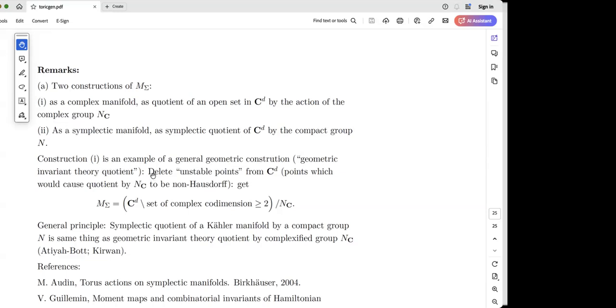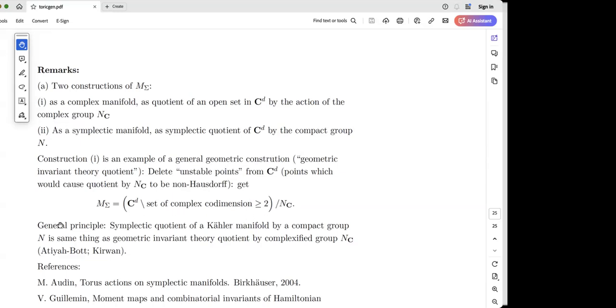So what you do is delete unstable points from C to the d. These are points that would cause the quotient by N sub C to be non-Hausdorff. And so then you get C to the d minus a set with complex codimension greater than or equal to 2, all quotiented by N sub C.